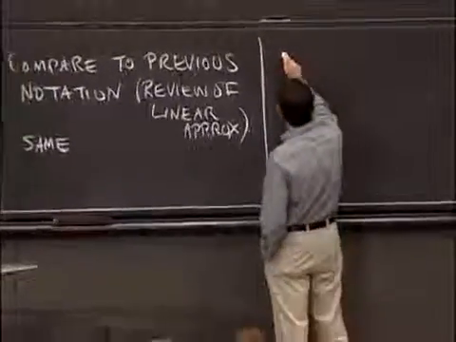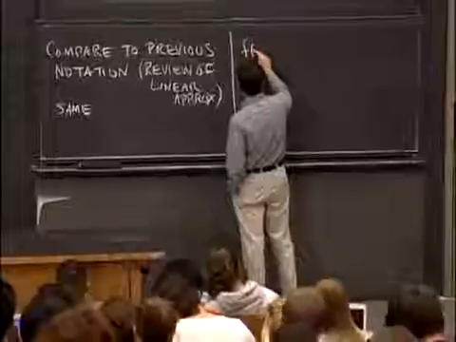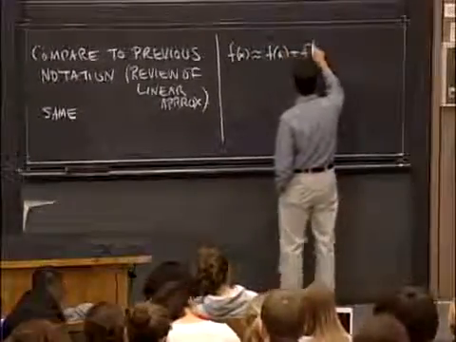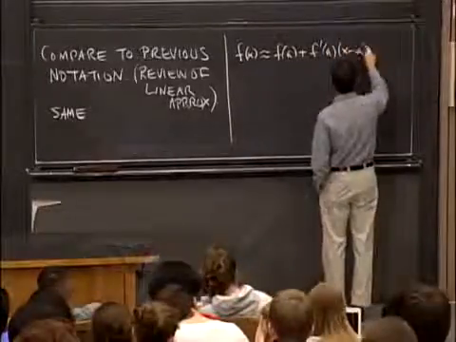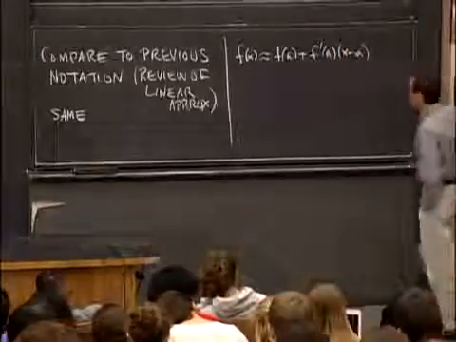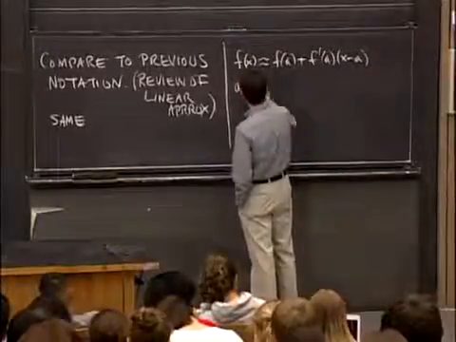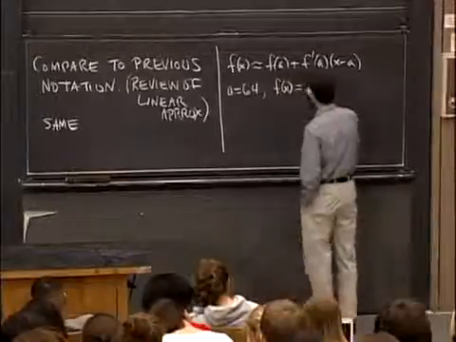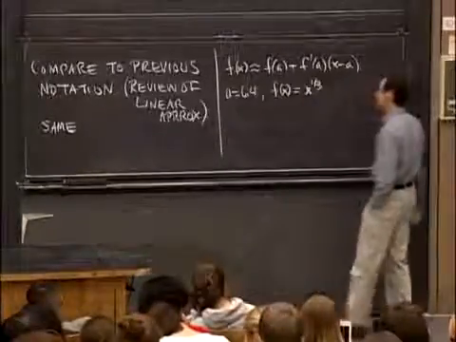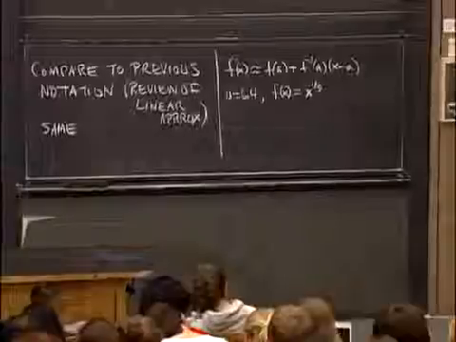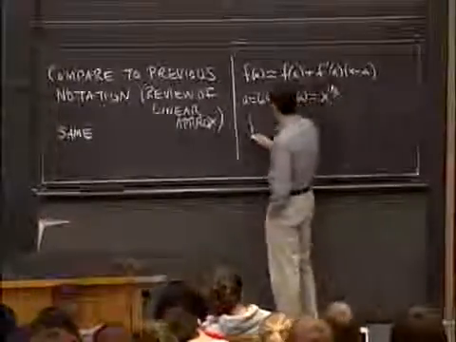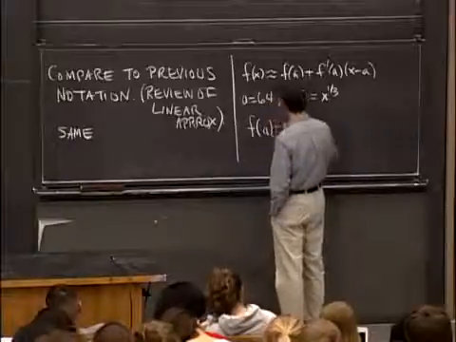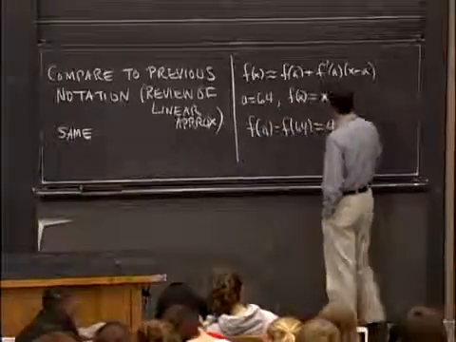I remind you, the basic formula for linear approximation is that f of x is approximately f of a plus f prime of a times x minus a. And we're applying it in the situation that a is 64 and f of x is x to the 1/3. And so f of a, which is f of 64, is of course 4.